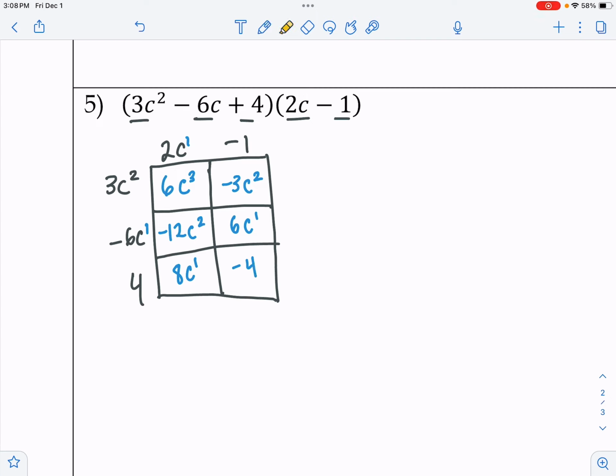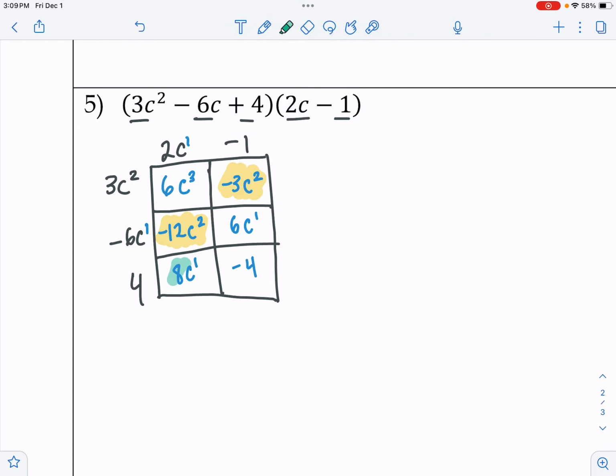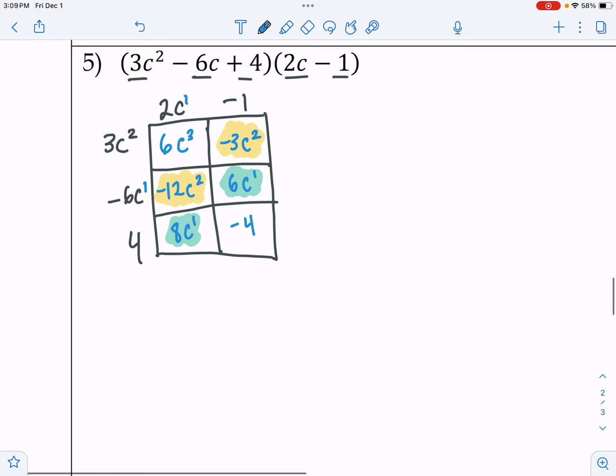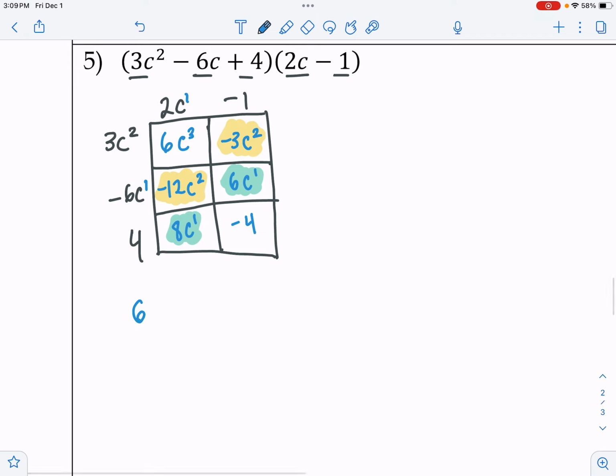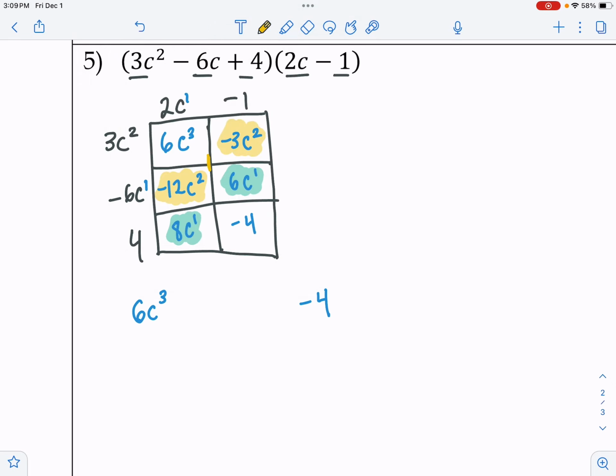This time, we have a C2 that combines with this C2, but we also have a C1 that combines with this C1. And so for my final answer, I always look at the first term, 6c cubed, and the constant term at the end, and then narrow down my choices from there. For the middle terms, we're going to have negative 12 plus negative 3.